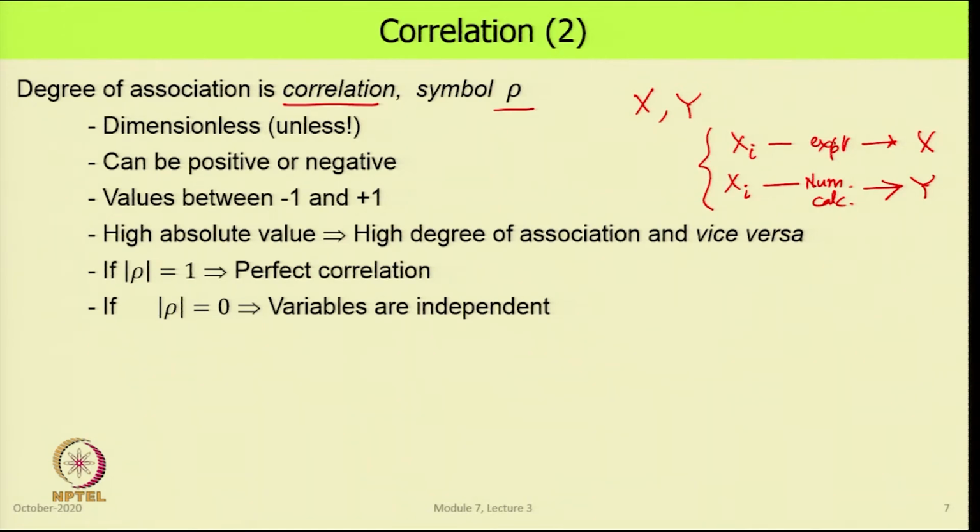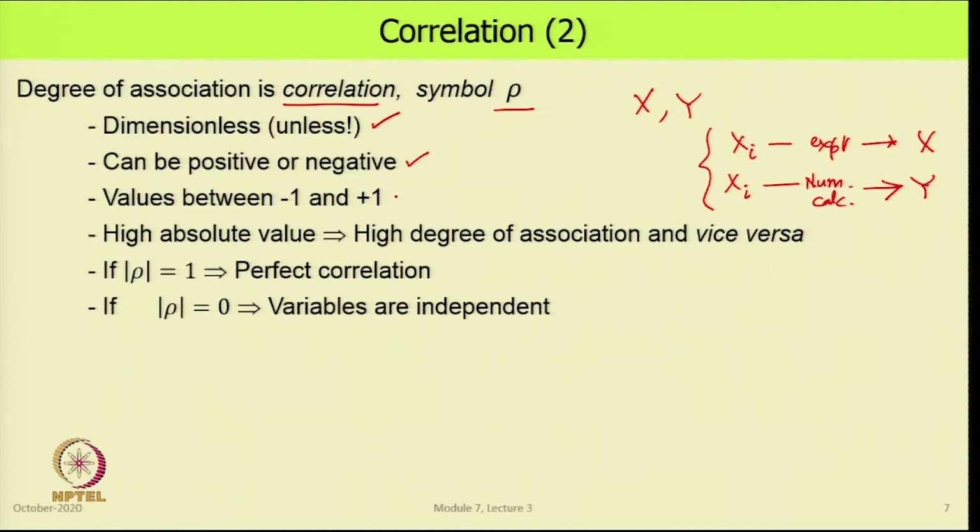Or it could be from our experiment, and the other data set could be from somebody else's experiment. So, that qualifies as x and y. The second thing is that rho can be positive or negative, and we will see in a minute what that means.